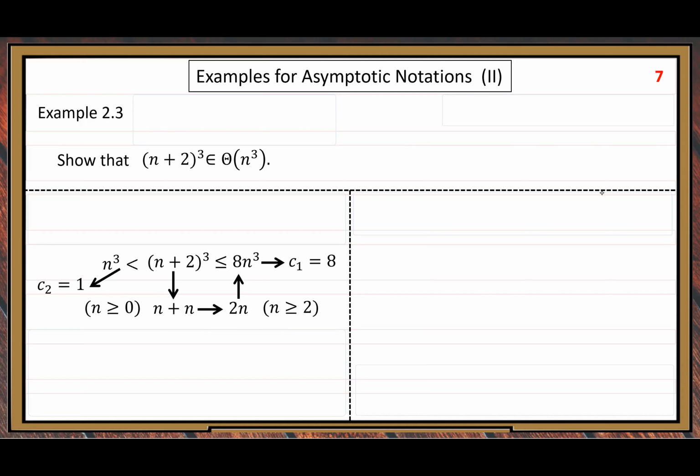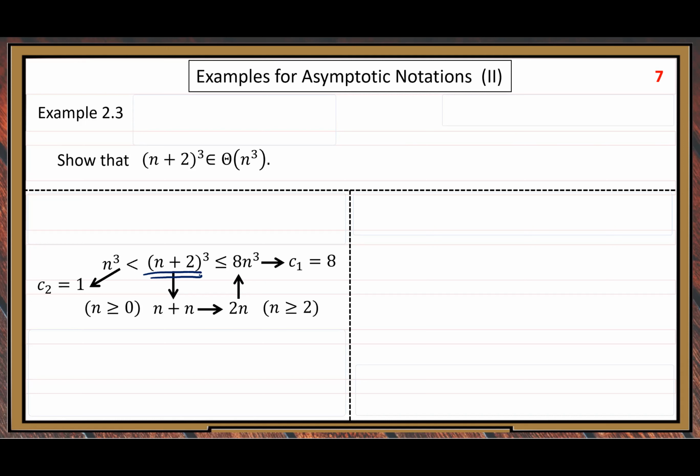Do it in this way. Here, let me use 2 minutes to explain. There is a better way than what many students did before. Many students, when they see n plus 2 cubed, expand it.